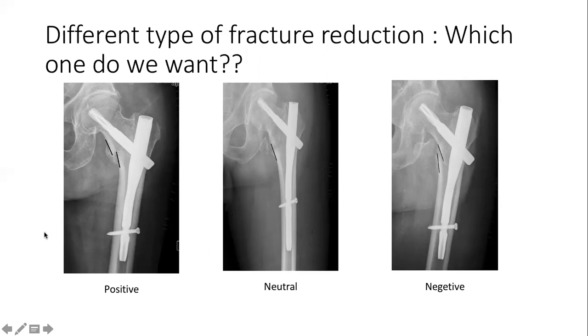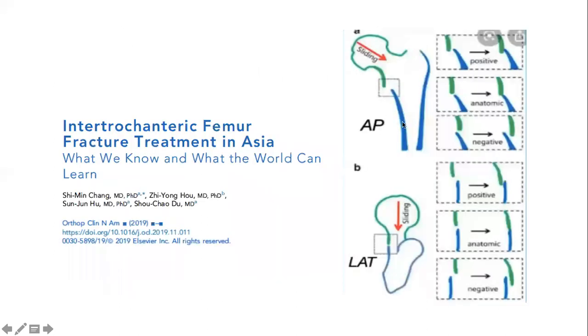if we achieve a positive reduction, this actually gives a better outcome in regard to fracture stability and maintenance of the angulation. And this positive reduction should be achieved not only in the anteroposterior diameter but also in the lateral diameter, which was confirmed by Shang and colleagues in their 2019 study.